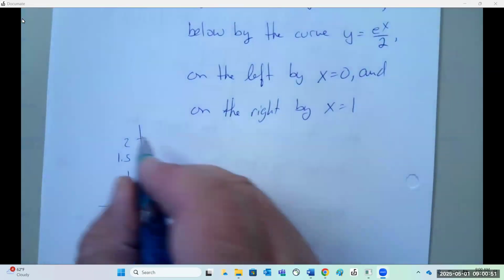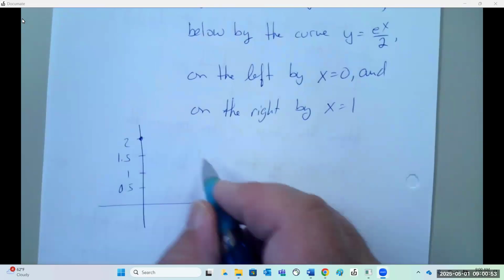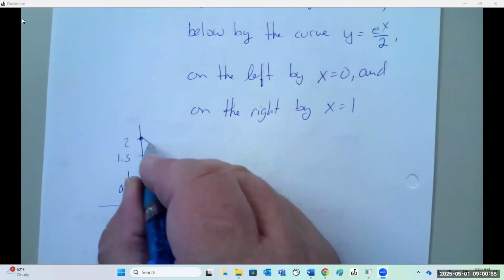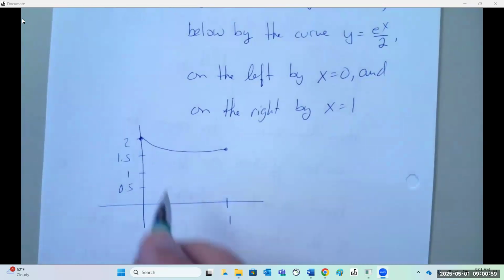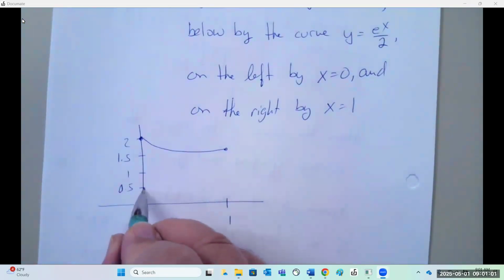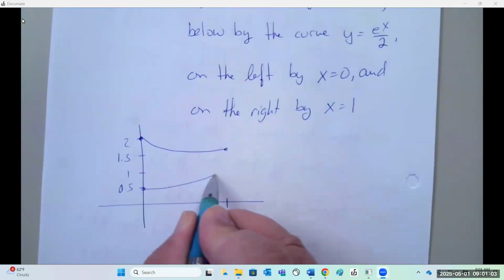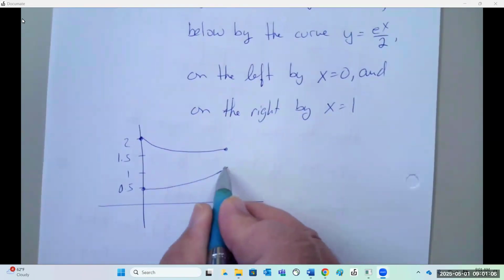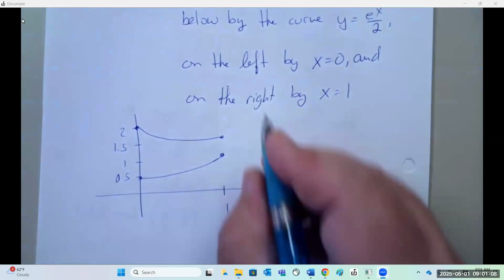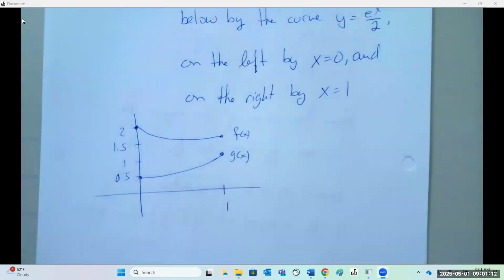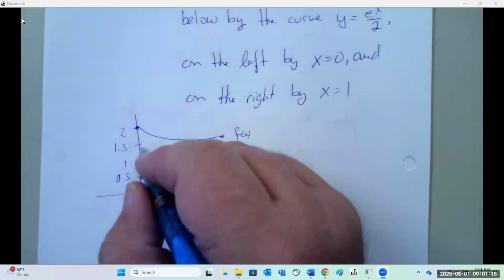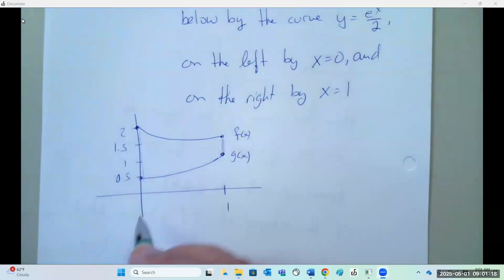So what this graph looks like, it starts at 0 and it goes to 1. So this is f of x, and this is g of x. It's bounded above by f of x, below by g of x, from 0 to 1.